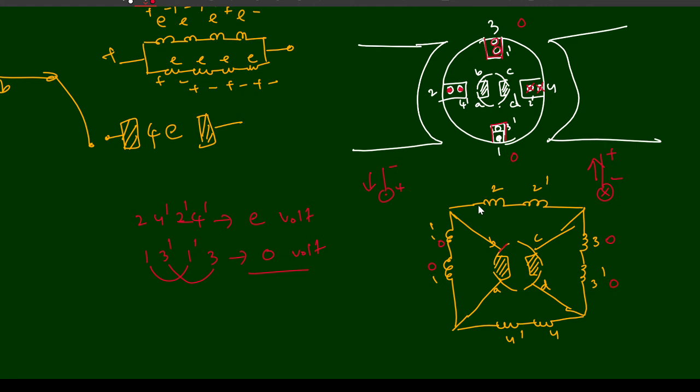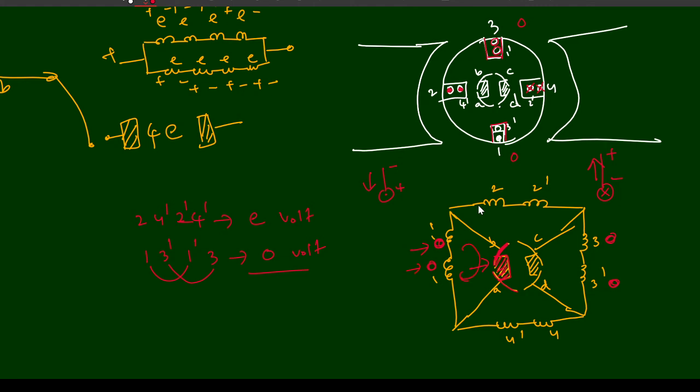So when the brushes are shorting these two segments, the EMF induced in the sides of the coil shorted by the brushes at that moment will be 0.